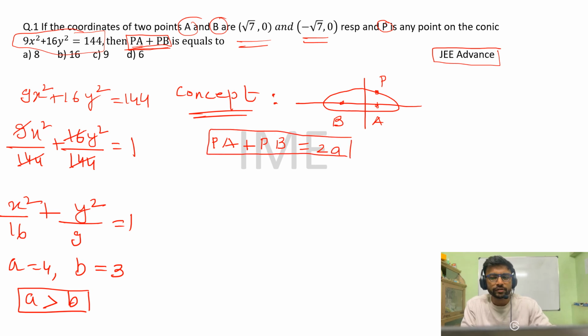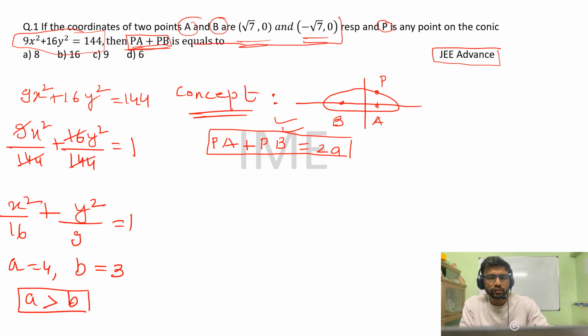If A and B are the foci of the ellipse and P is any point on the ellipse, then distance of P from A plus distance of P from B is 2a. But before applying this concept, we should know that A and B are foci of this given ellipse, but it is not mentioned in the question.